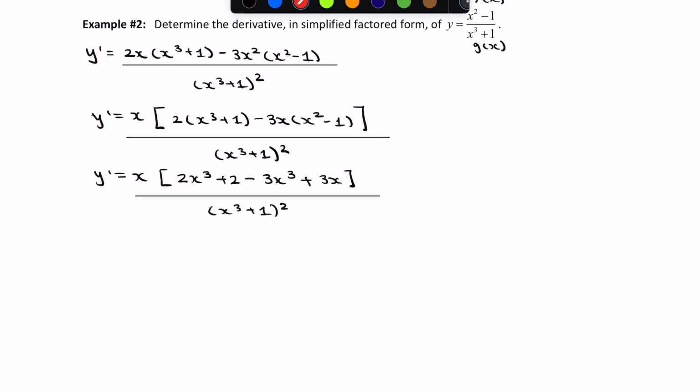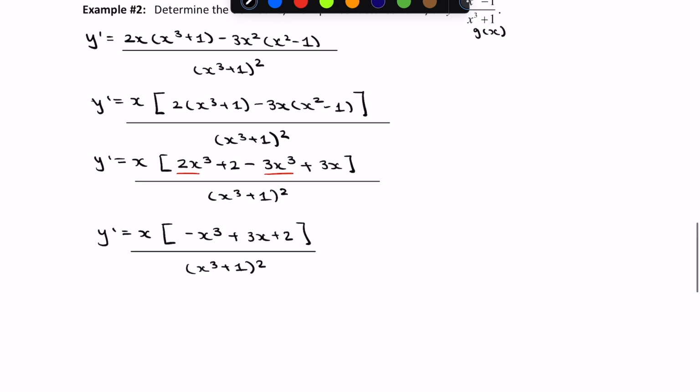And so let's collect our like terms here. So we have y prime is equal to x times negative x cubed plus 3x plus 2, all over x cubed plus 1 squared.